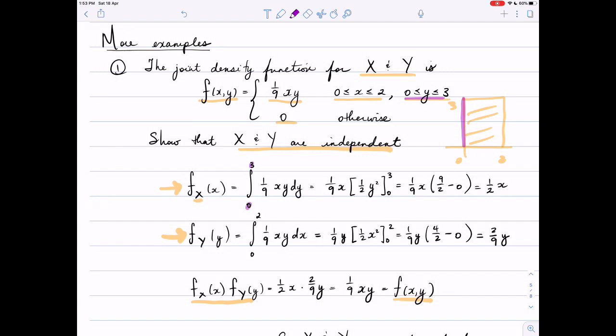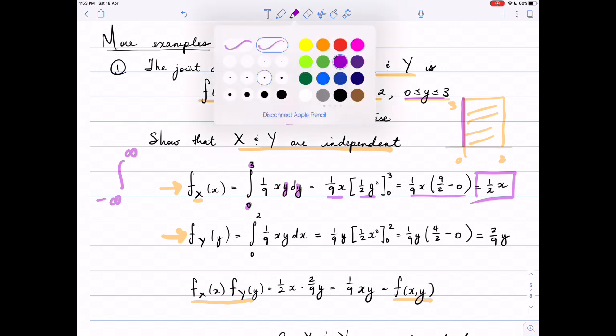The definition had us go from minus infinity to infinity, but we've got a whole lot of zeros there, so we only need to integrate over the non-zero support for y. Our answer is not going to have a y in it. Here the 1/9 x is a constant, we anti-differentiate the y, plug in the bounds, top minus bottom, and we get the marginal for x is 1/2 x.